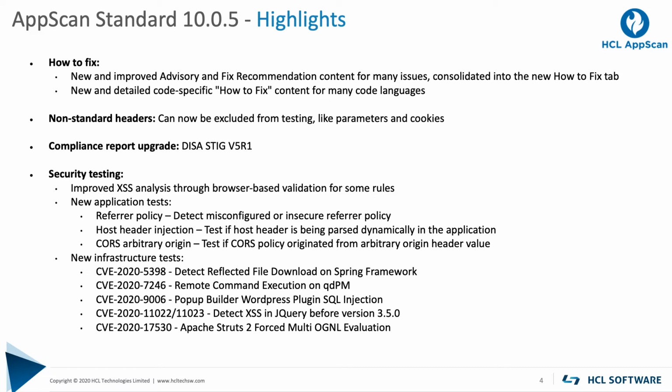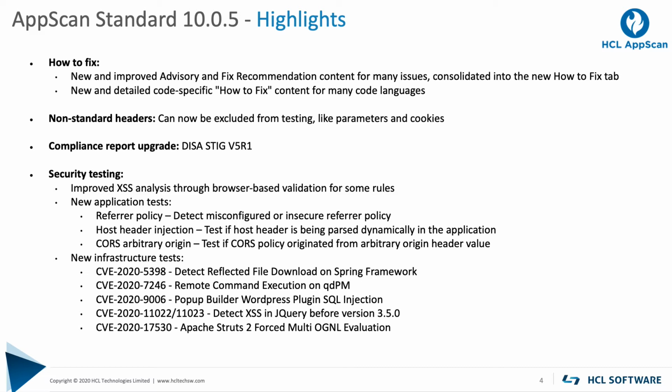So we combined the advisory and fix recommendation that we had before into one consolidated area, both in the UI and in the reporting. And everything is presented there. And we also include more and new code specific examples and information for the developers to use.